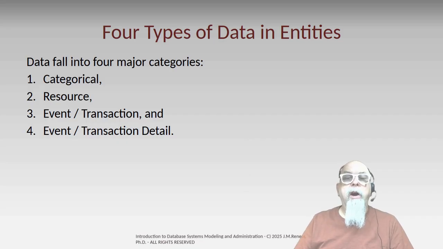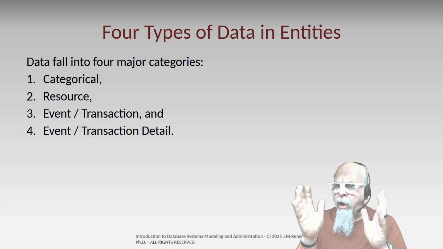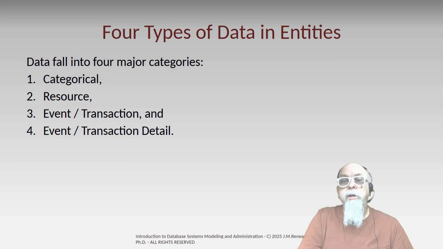So entities fall into four main categories, and the categories are categorical, resource, event transaction, and event transaction detail. Let's go back to an imaginary small brick and mortar store where you sell, I don't know, stuff, auto parts maybe. The categorical entries would be, what kind of part is this?